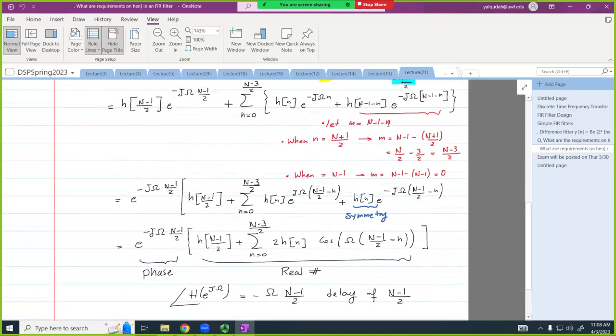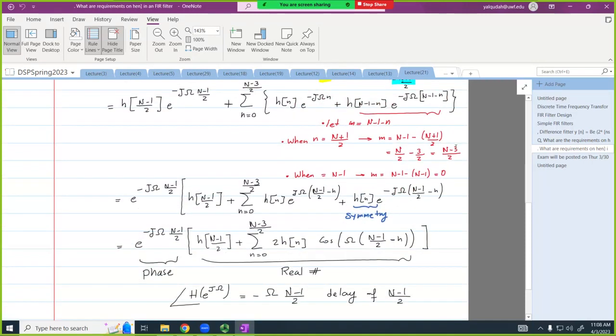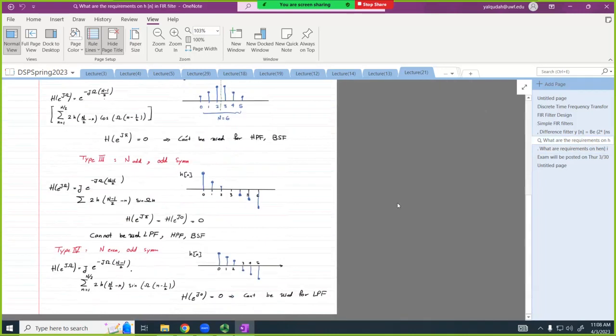Okay. Any questions? So we can do something similar and show that for all the other types, we can write the frequency response as a linear phase multiplied by a magnitude when there is a symmetry.